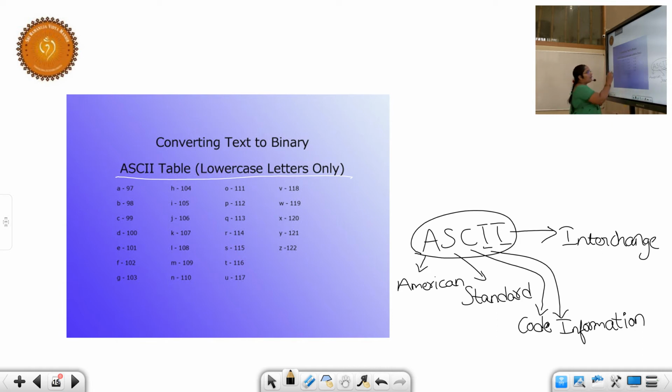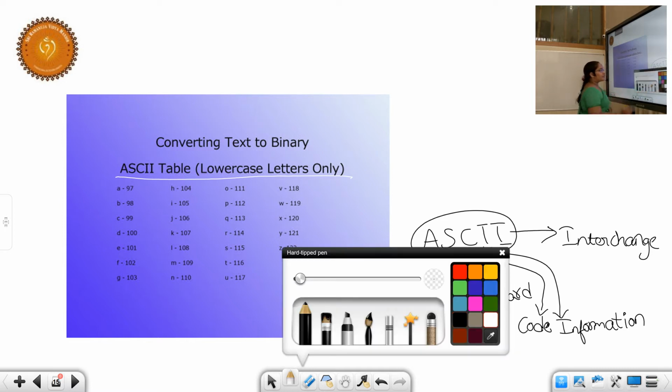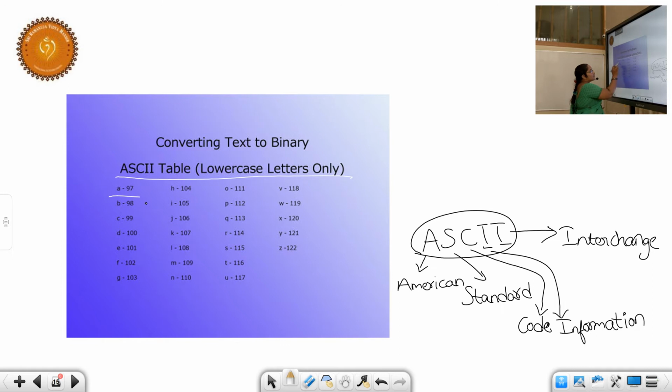Here you have the values. Let me show: small a starts from 97, b is 98, then 99, 100, 101, 102, 103, and so on, up to z, which is 122. These are the values according to the ASCII table, which are allocated to the alphabets in lowercase.